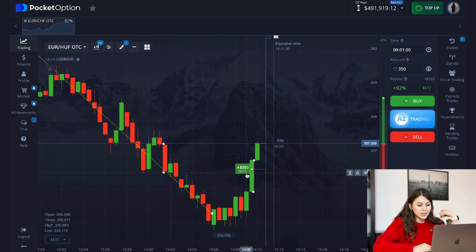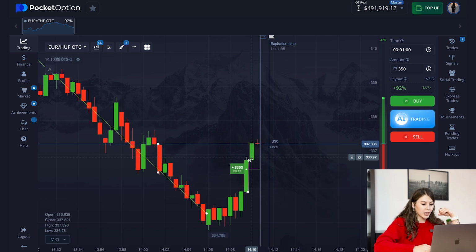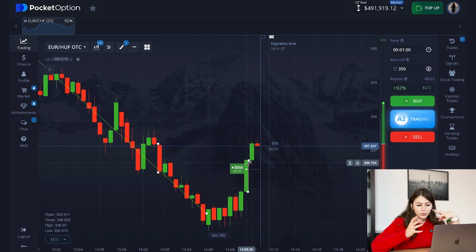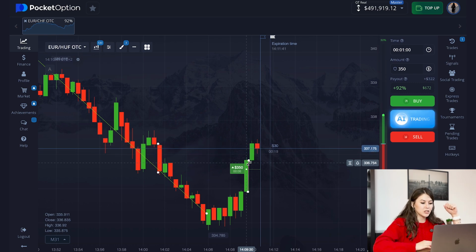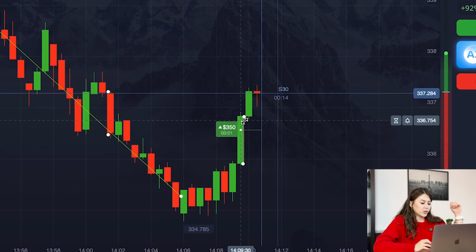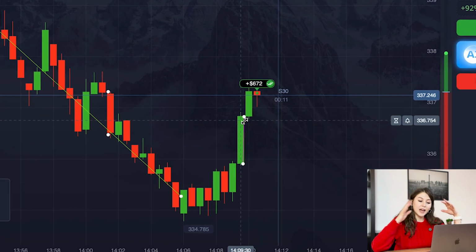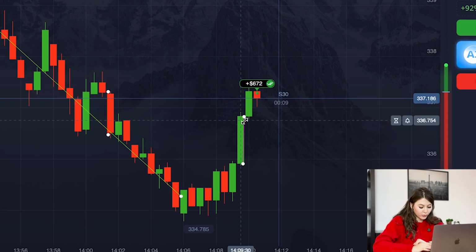Also, as you can see, now we have 90% full body candles. That means very confident movement on the market, a little bit of compensating. That is very okay for us. So I think that is a very nice working area. And guys, we have one more profit. Isn't that amazing? Just wonderful.